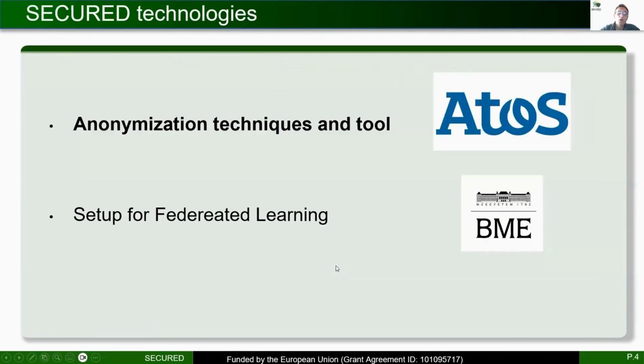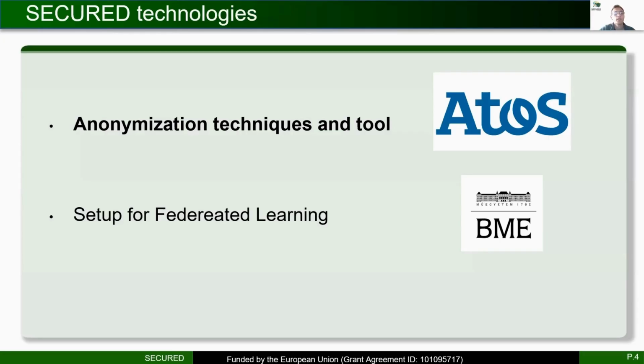Because all of this data wouldn't be valuable if we did not use it in a safe and privacy-preserving way, these are our partners here at the Secure project that come into play and help us with it.